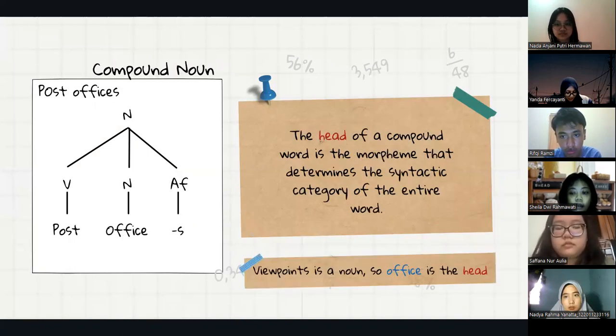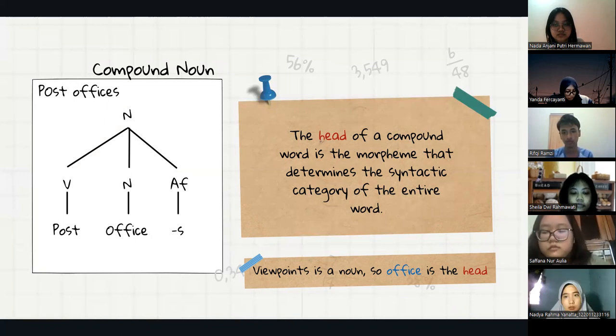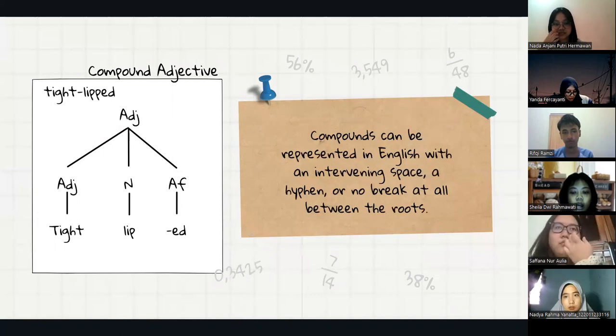The head of a compound word is the morpheme that determines the syntactic category of the entire word. Viewpoint is a noun, so point is the head. Next. Compounds can be represented in English with an intervening space, a hyphen, or no break at all between the roots.